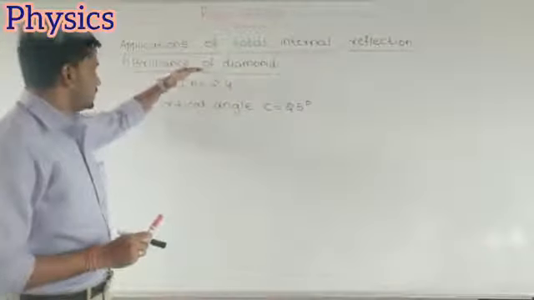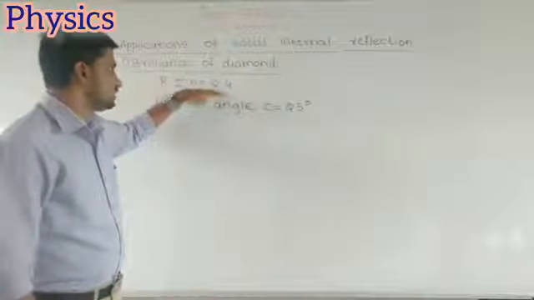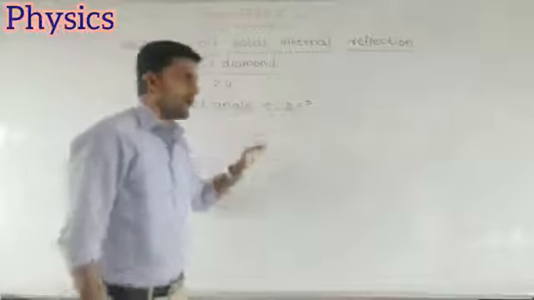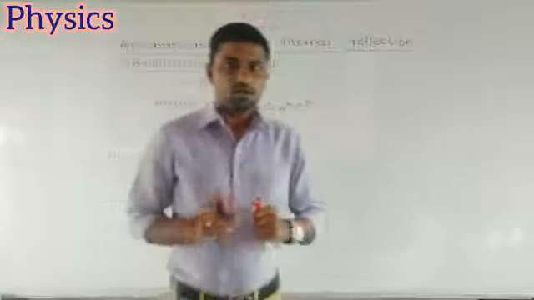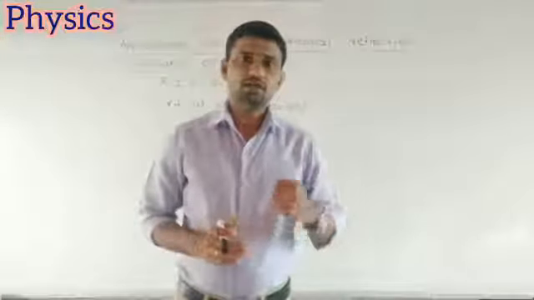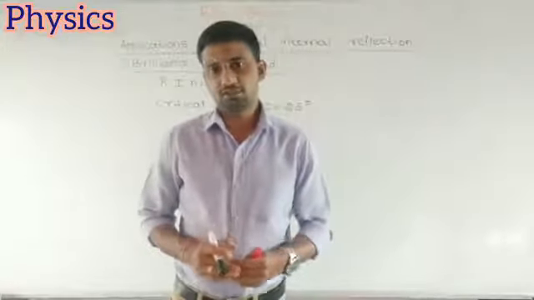So the diamond has a higher value of refractive index, that is 2.4, and a lower value of critical angle, that is 25 degrees. When a ray of light passes through a properly cut diamond, it will undergo total internal reflection.